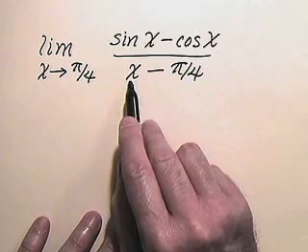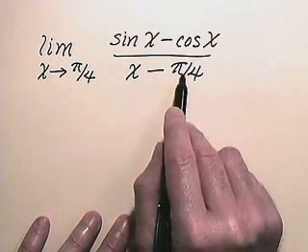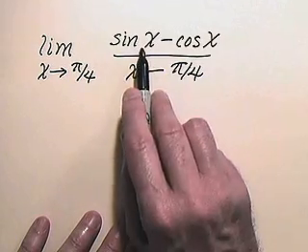Well, notice obviously as x approaches pi over 4, the denominator x minus pi over 4 goes to 0. What about the numerator?